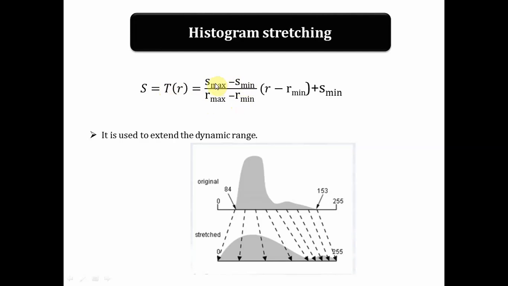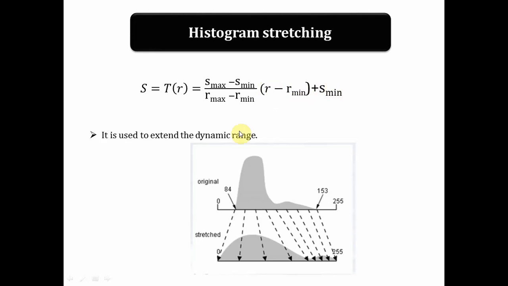S max and S min are the desired output along your y axis, and R max and R min are the input. Whatever the input value R is, you have to subtract R minimum from the original input image value and add S minimum.